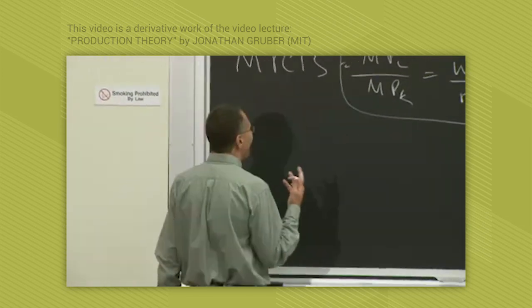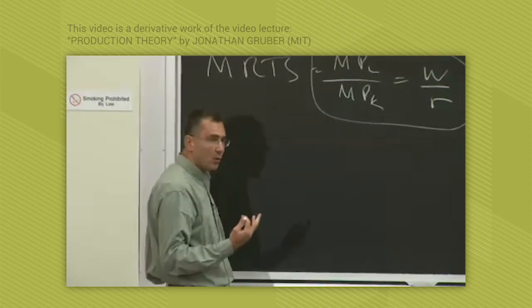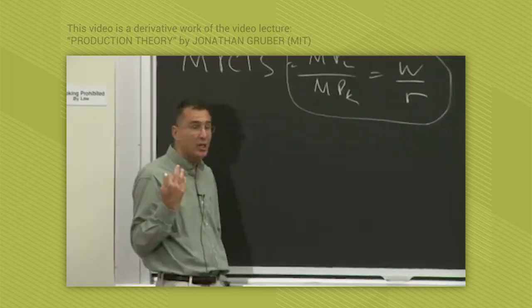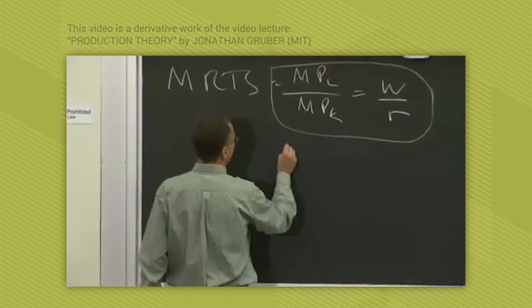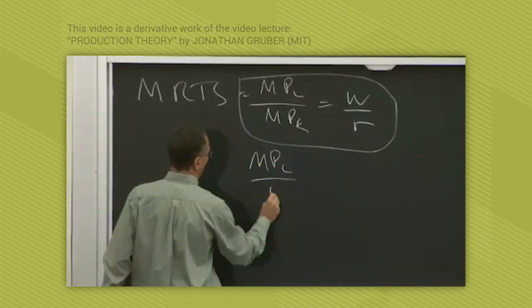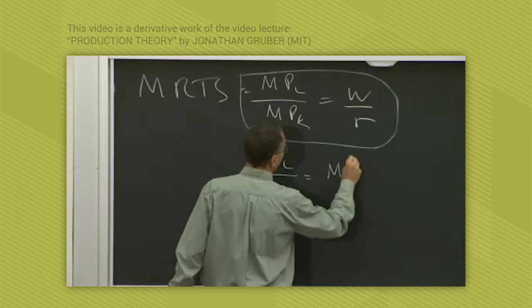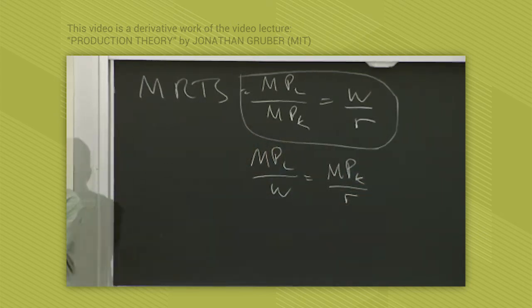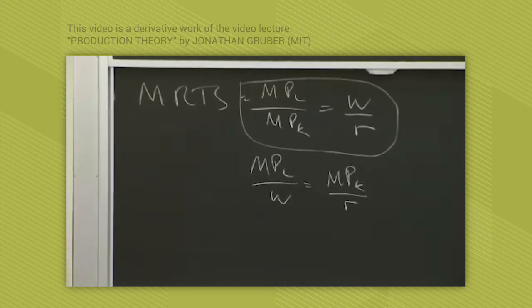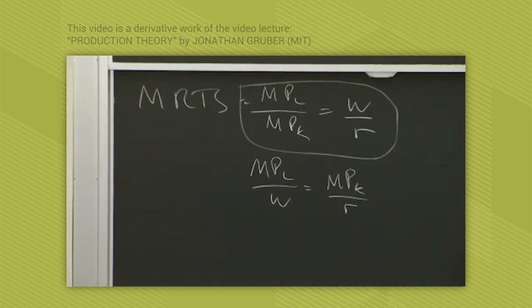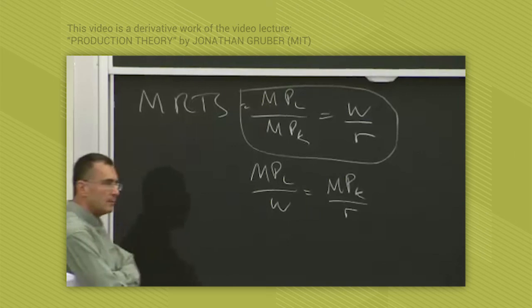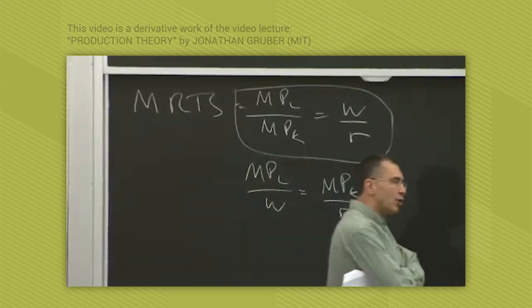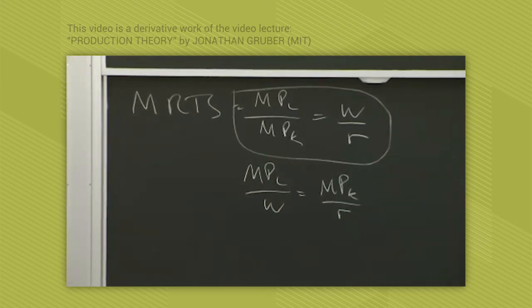Now, once again, I find it easier to rewrite this equation once you develop the intuition. Rewrite this as the marginal product of labor over the wage equals the marginal product of capital over the rental rate. In other words, what this is telling us is the efficient place is where for every dollar you spend on workers, you're getting the same return as a dollar spent on machines.